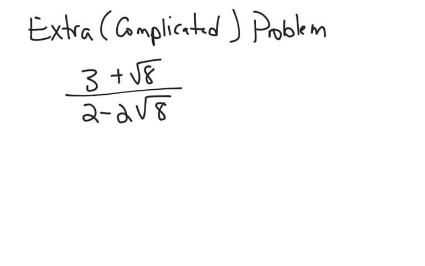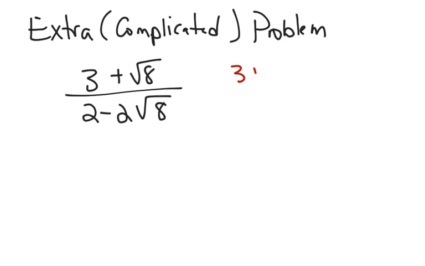The reason I called it complicated is because one of the things I want you to recognize is that the radical square root of 8 is not completely simplified. That's because you can divide 8 by a perfect square.